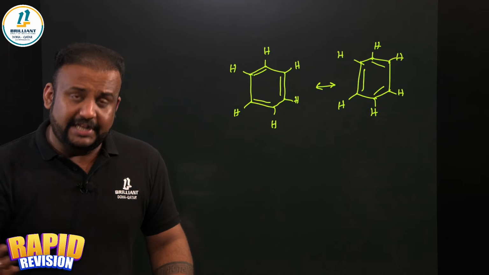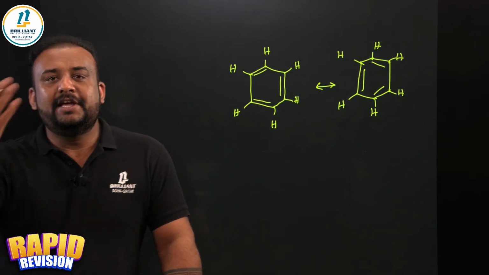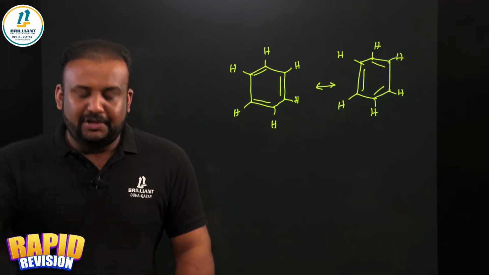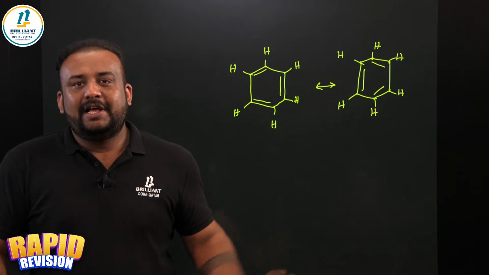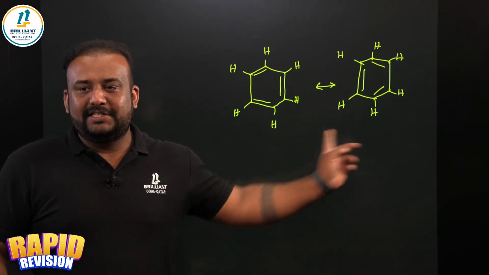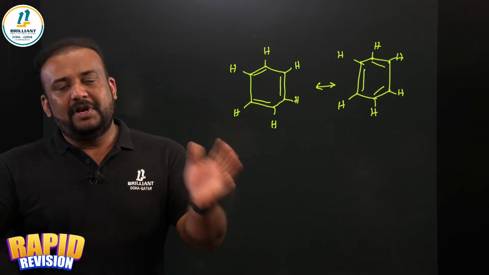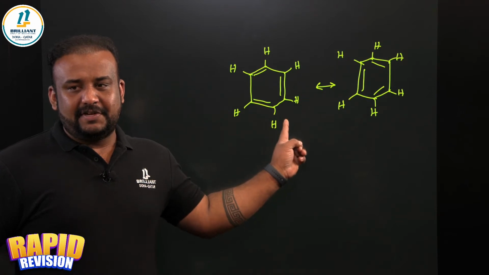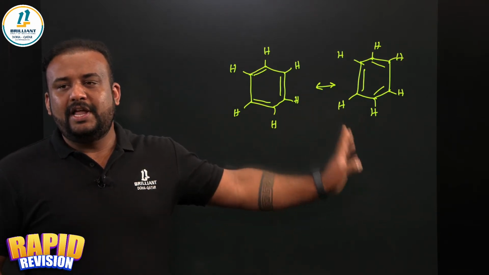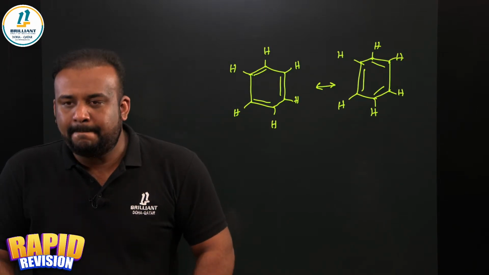In 11th standard, you will study a phenomenon called resonance, where benzene has a property of delocalization of its pi electrons, or the double bonded electrons, which will create two structures called the contributing structures, resulting in a hybrid. This concept you will learn in 11th. So for your question, you can draw benzene either the first way or the second way. The only criterion is to put alternate double bonds. Is that clear?